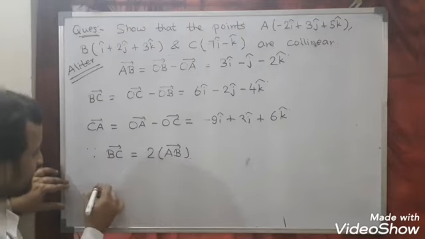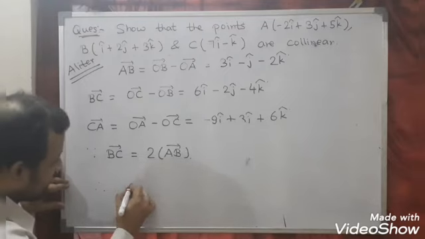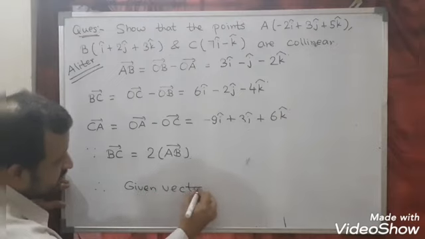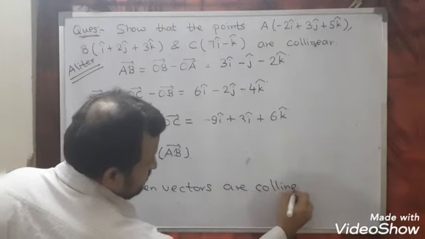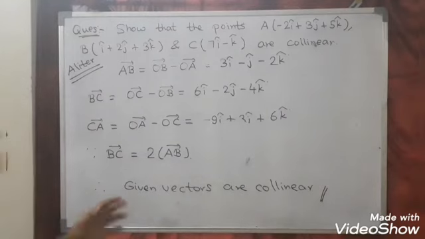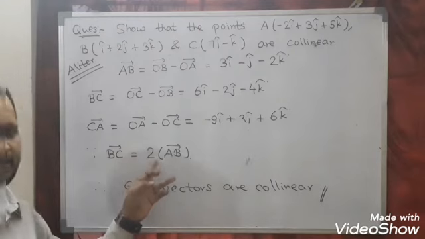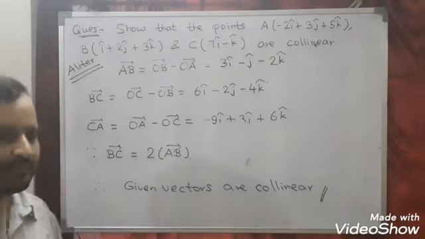From this we can say the points are, or the vectors are, collinear. Therefore given vectors are collinear. This way also we can check whether the vectors are collinear or not. The scalar multiple can be positive, and it can be negative.